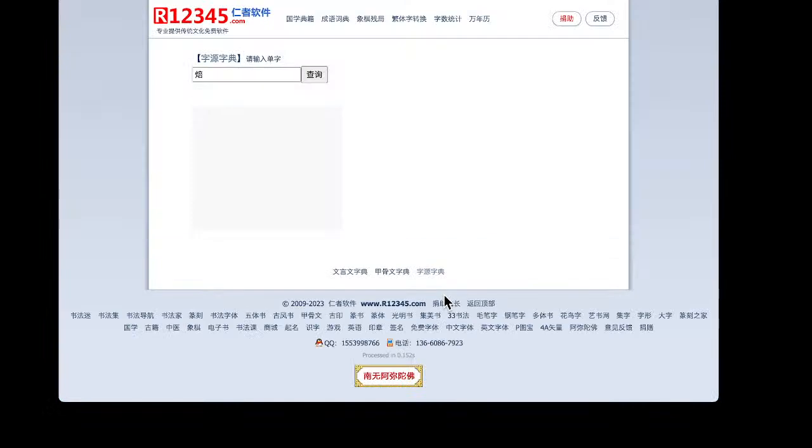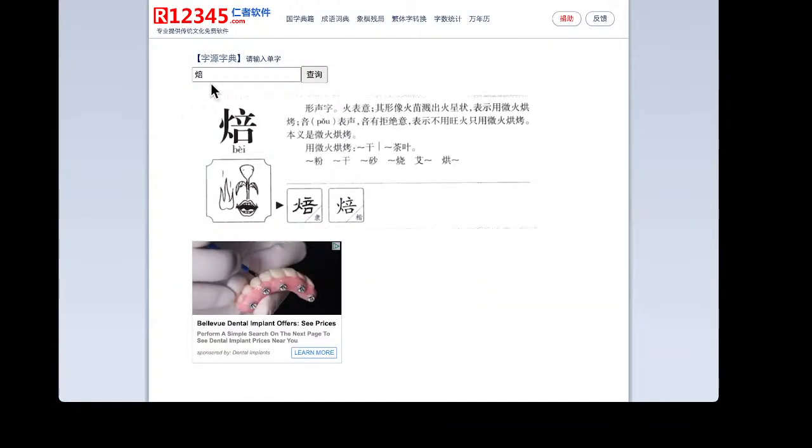Let's take a look at that character. This one, again, has the fire radical, and on the right-hand side is the character pronounced as po, and that's for sound. Now, po has the meaning of reject. So here it means reject what?